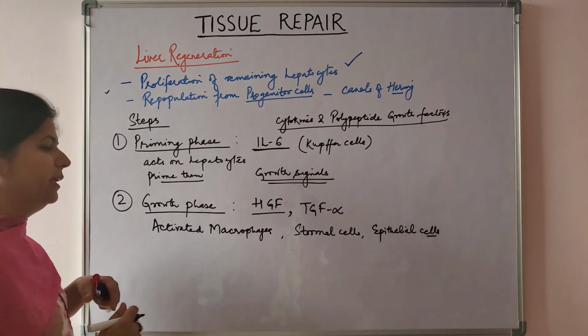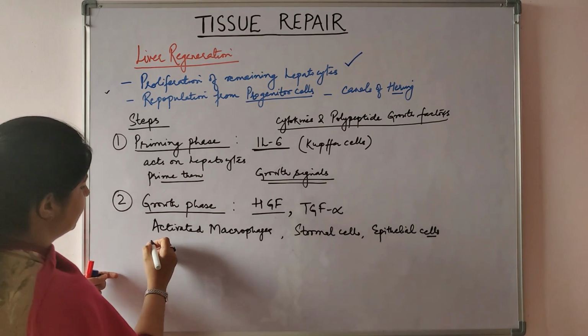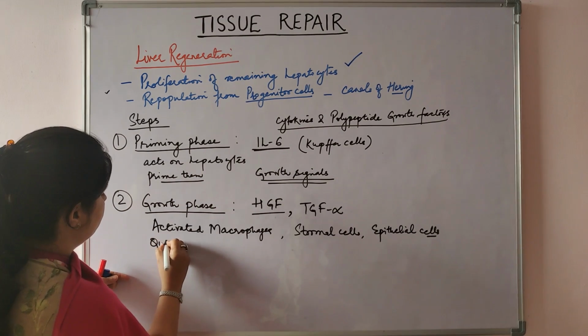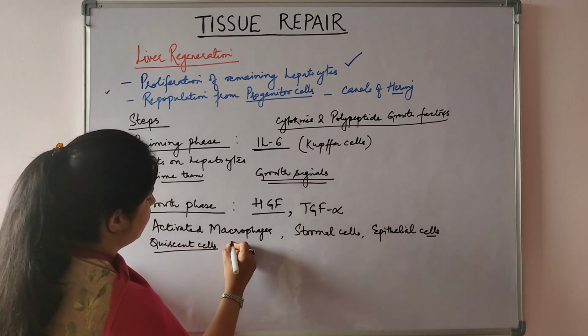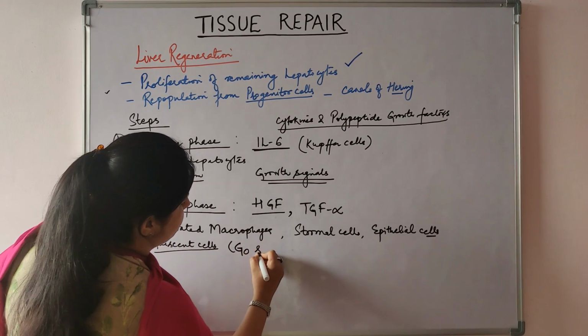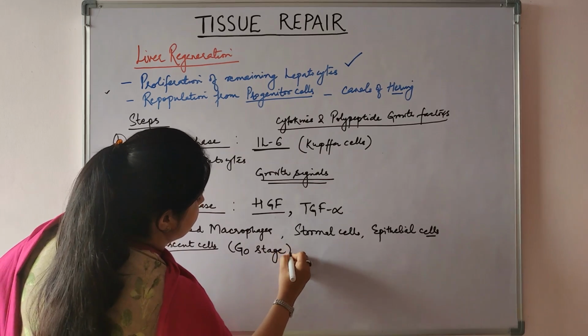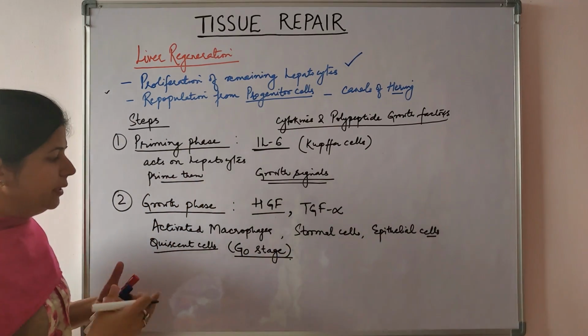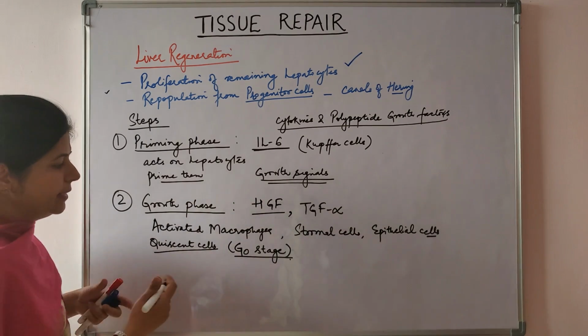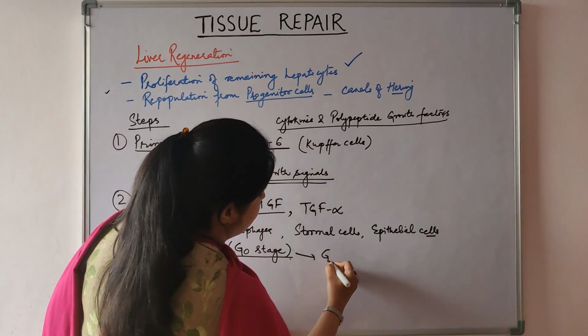We know that hepatocytes are quiescent cells. It means they are in G0 stage of the cell cycle. For cell proliferation to occur, they have to enter the cell cycle, they have to enter G1 phase.